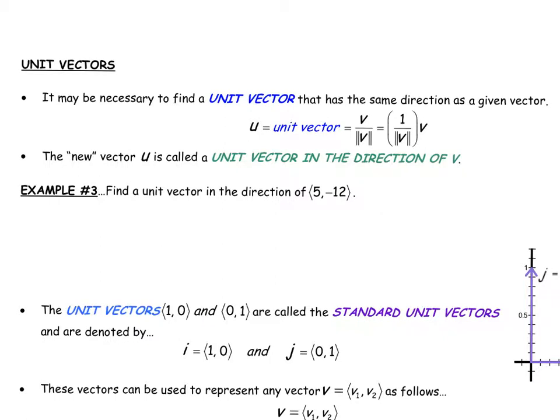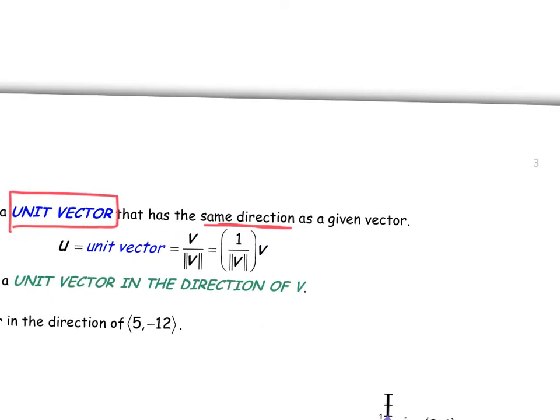So sometimes we have to find what's called a unit vector, and unit vectors, of course, are vectors whose magnitude is 1. But a unit vector has the same direction as a particular vector. So, for example, you have this vector here, and let's say it has a magnitude of 3.